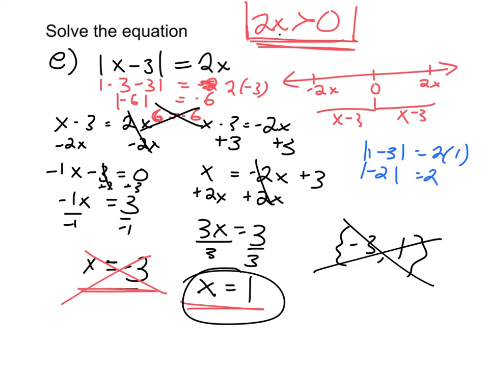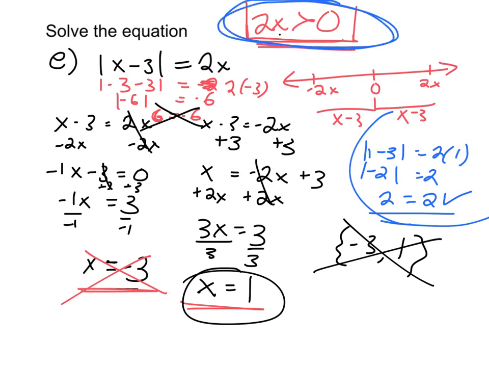The absolute value of negative 2 is 2. 2 equals 2. Okay, so you have a valid answer, okay? You didn't have to actually go through these checks. It's good to do that, but really you just need to check that this criteria is met. That the side without the absolute value, if you check that that is greater than 0, then you should have a valid answer. Okay, so there's my solution set, 1.